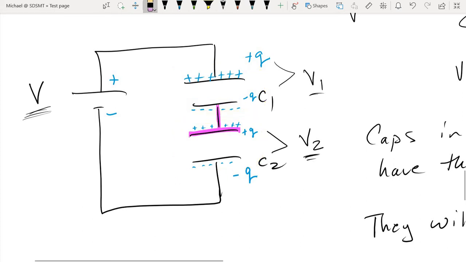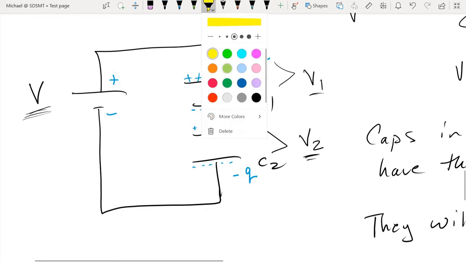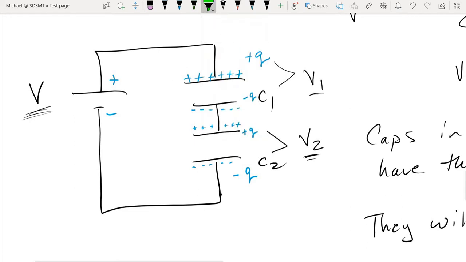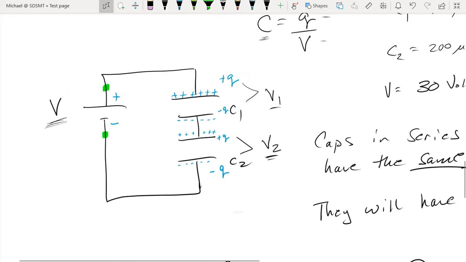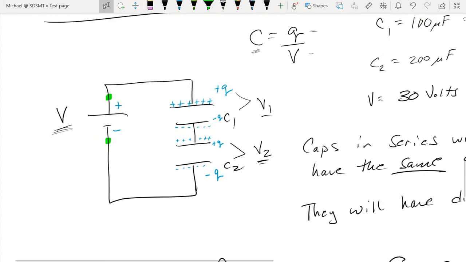See if I can get rid of that. Well, I'll just have to redraw it then. So let's talk about potential and potential difference. On either side of the battery, we're going to consider these 2 points. And the potential difference across those 2 points is the potential of the battery, 30 volts.